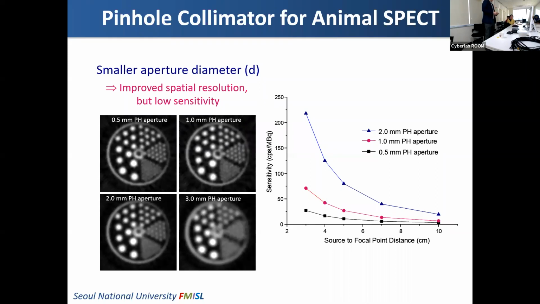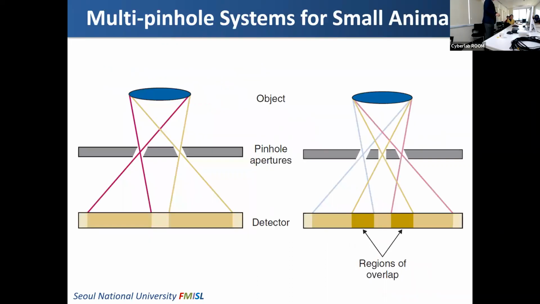But in small animal imaging, to achieve both good sensitivity and spatial resolution, we usually use multi-pinhole systems. This is an object, and if we have multiple pinholes with sufficiently far distance between them, we will have non-overlapping projections like that.